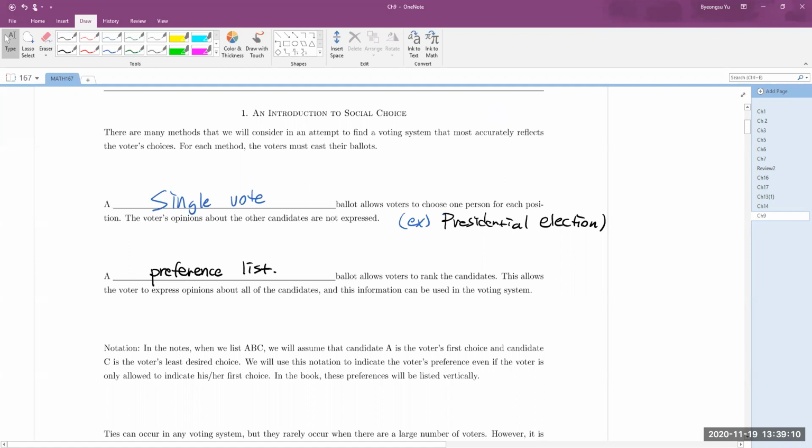We aggregate all those ranks and choose the society's preference list. That's called preference list ballot, right?